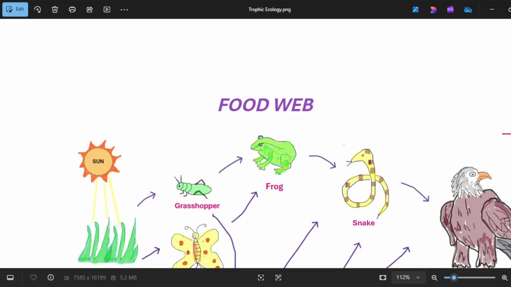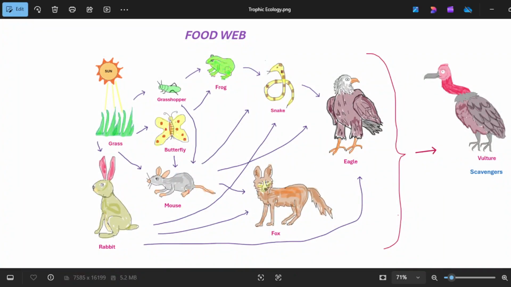Next comes the food web. Now you are seeing the food web. What is a food web? It is a complex of interconnected food chains.